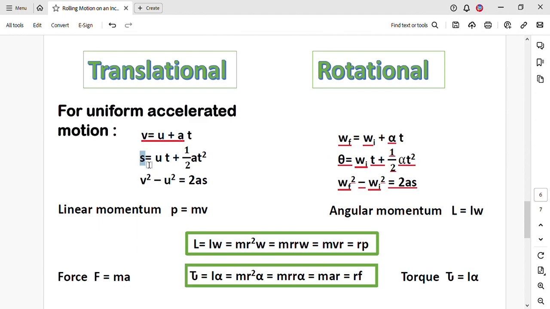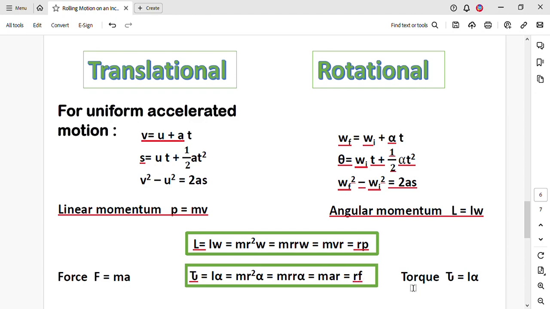Here s is linear displacement and theta is angular displacement. Linear momentum is mv, using the symbol p. Angular momentum is L equal to I omega, and the relation between linear momentum and angular momentum is L equal to r p, and tau equal to r F. What is tau?